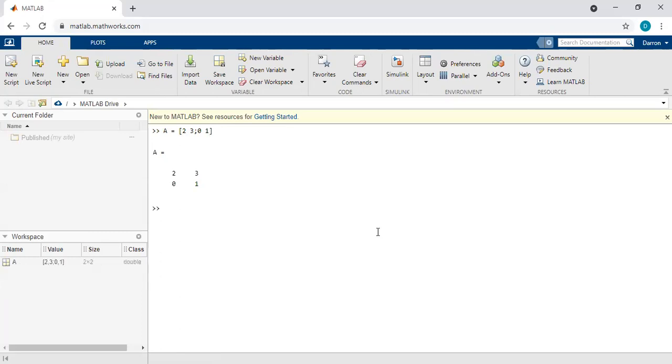Now, if you want to find the eigenvalues of A, I'm going to say x is equal to eig(A). eig represents the eigenvalues. So see, it gives me 2 and 1.